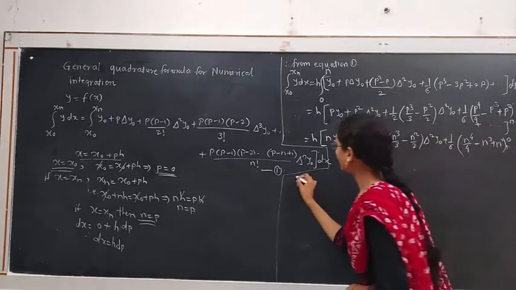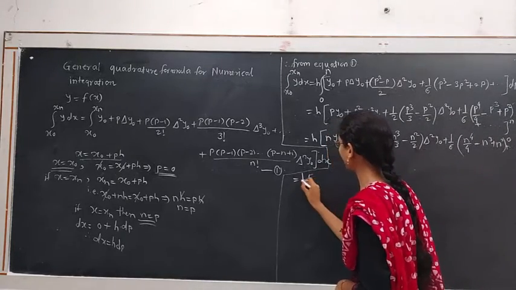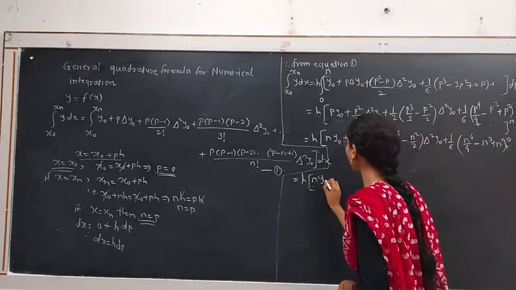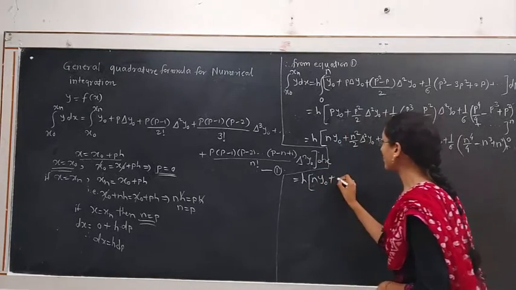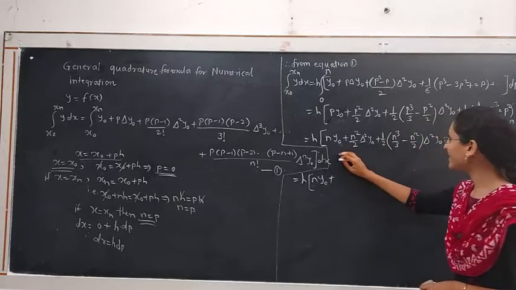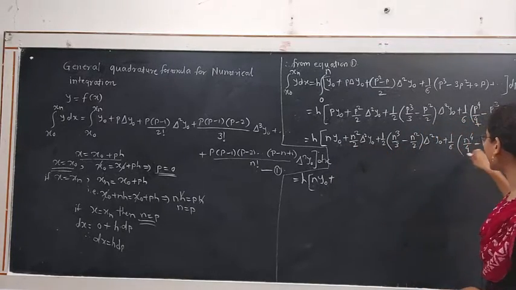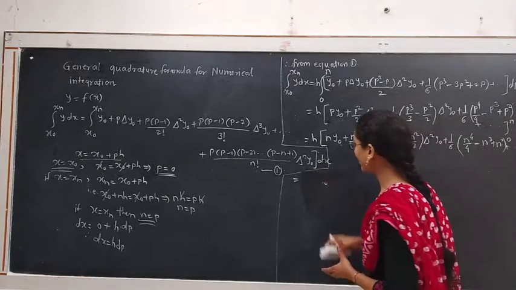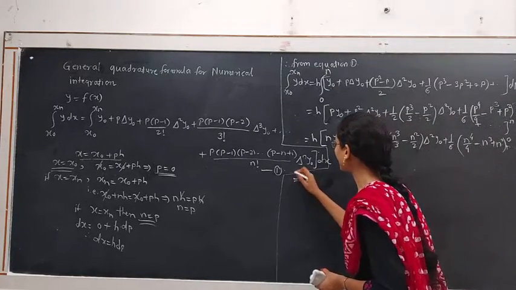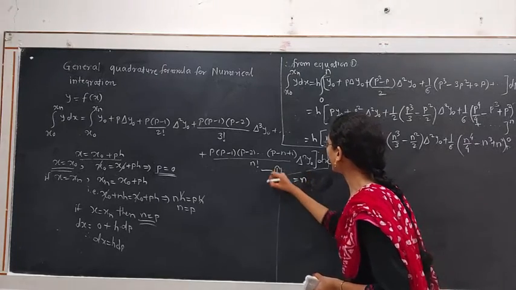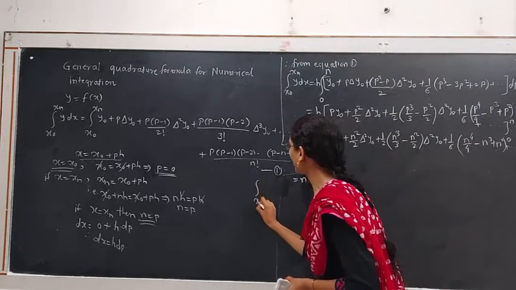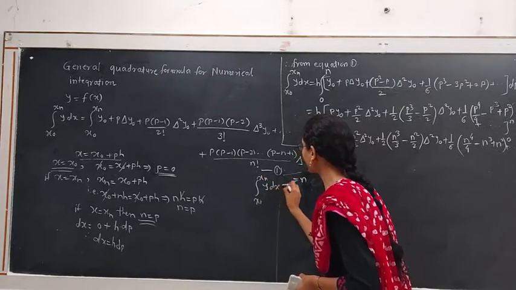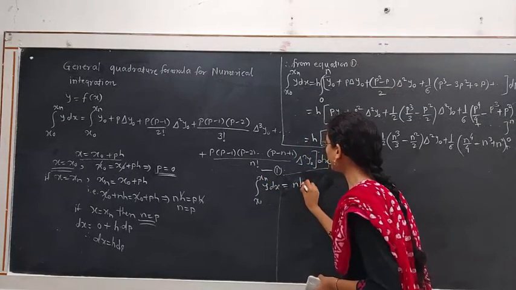After solving this bracketed term, we get n into y0 plus n square upon 2. We can see n term is present in each term of this addition, so we can take n as common, means this equation will be integration from x0 to xn y dx is equal to n into h.